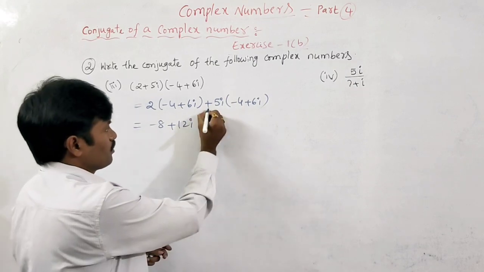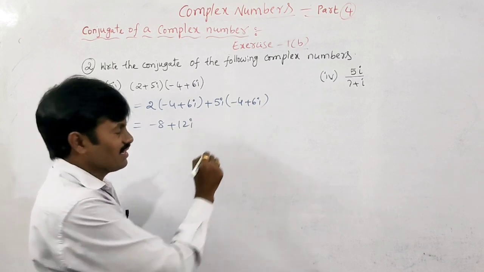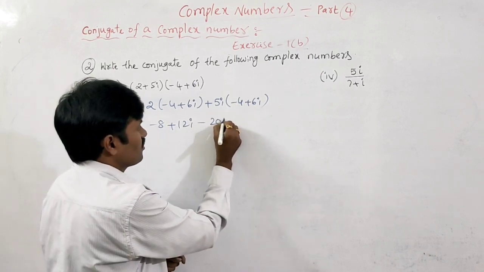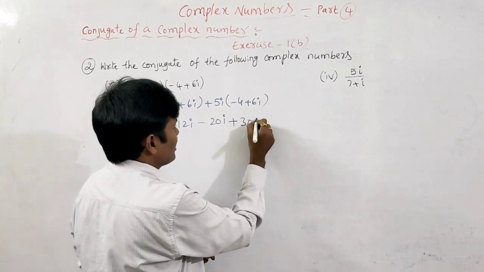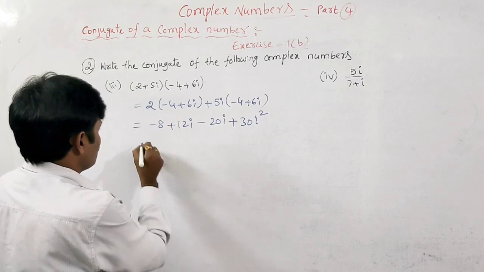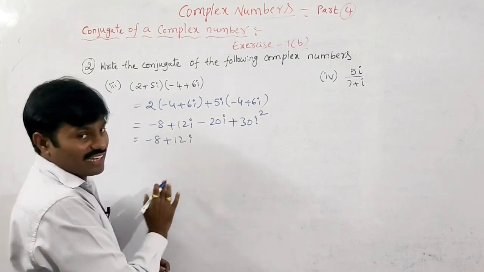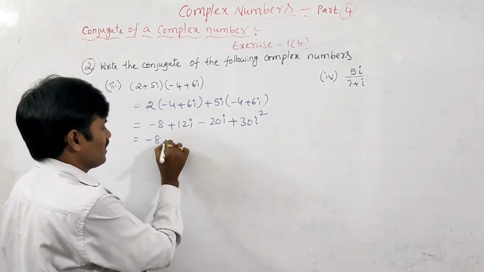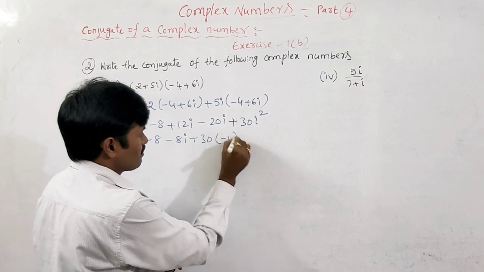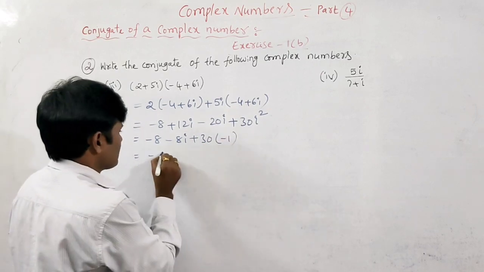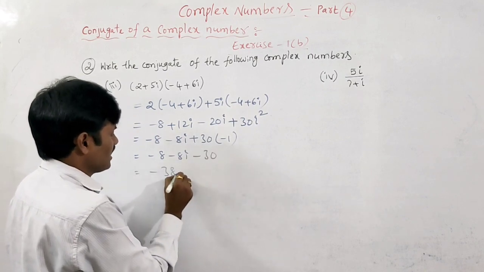Plus into minus, 5 fours are 20i with minus, and plus into plus, 5 sixes are 30 i into i, that is i square. So minus 8 plus 12i minus 20i, we can simplify easily. We get minus 8i plus 30 into i square, whose value is minus 1. So minus 8 minus 8i minus 30. The final answer is minus 38 minus 8i.